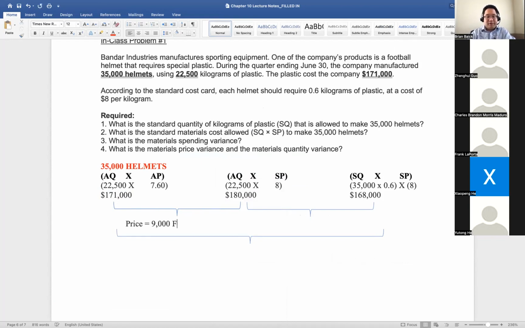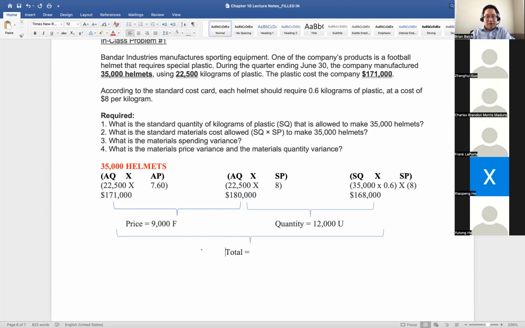Negative is favorable, 9,000 F. Quantity variance: we take 180,000 minus 168,000, which is 12,000. Positive number means it's unfavorable.